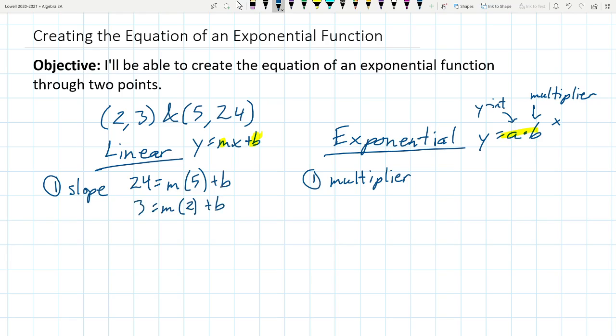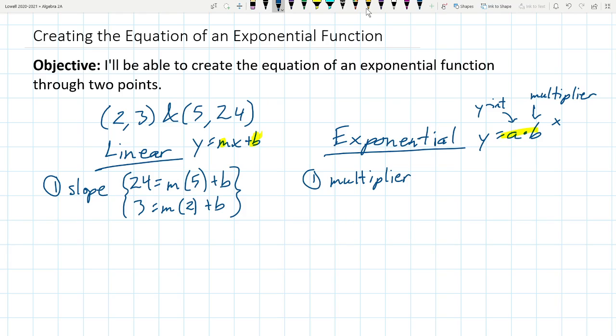All I did was plug in x and y for these 2 points. Notice we just have a system of equations, and our unknowns are m and b, which is exactly what we're trying to find for the equation of this function: the slope m and the y-intercept b.